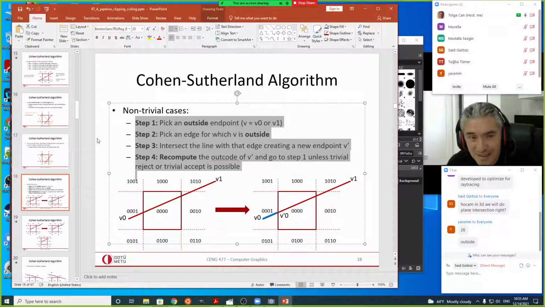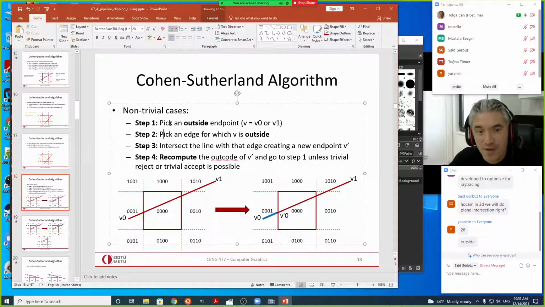It's not contradicting like this. This entire algorithm is run for the left plane first, so it's going to be run 4 times. For the left one, we pick an outside point, an outside point with respect to the left plane.